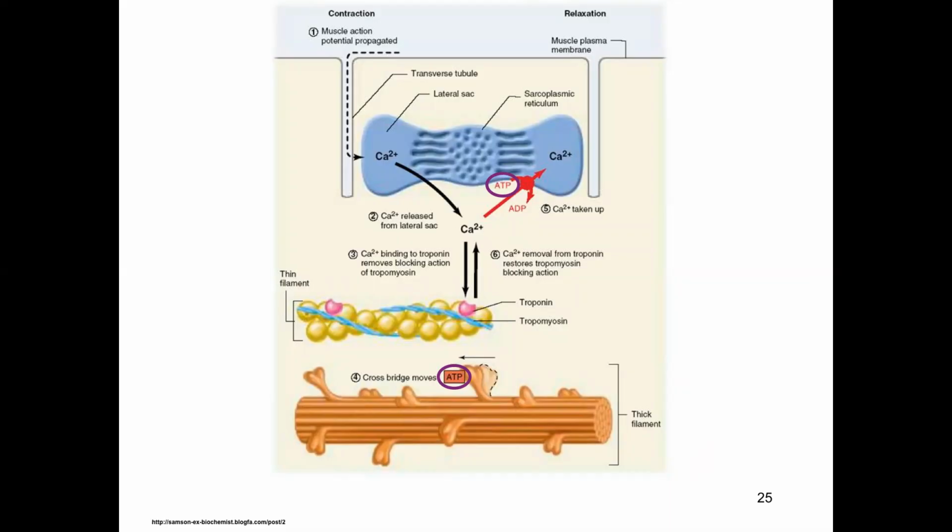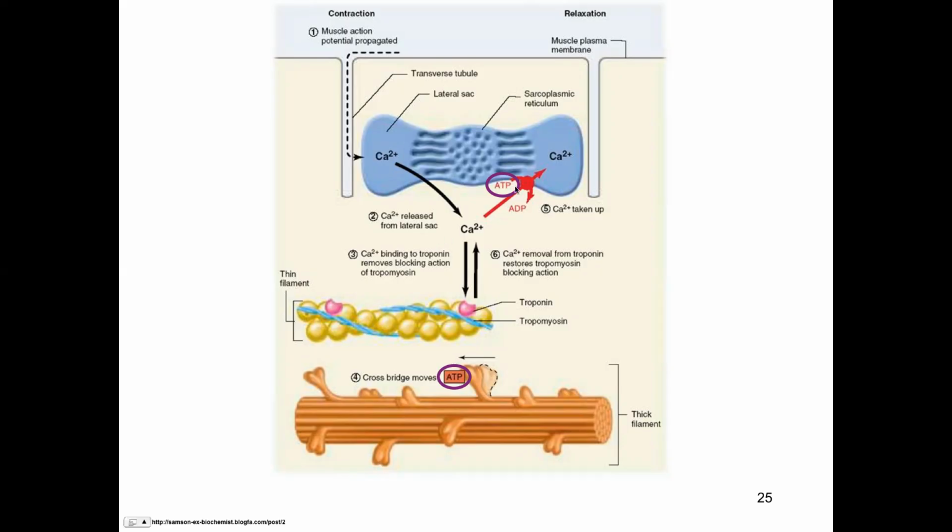Now, when the muscle relaxes, we're going to then pump. All right, now we have an active pump. We have to actively pump calcium back into the sarcoplasmic reticulum, because when calcium was released, it was diffusion. There's a voltage gated channel here that responds to the voltage, opens the calcium channel, calcium goes down its concentration gradient, floods the sarcomere.